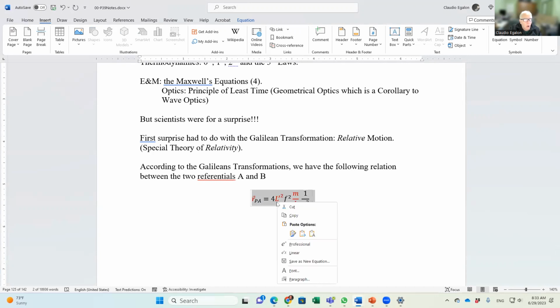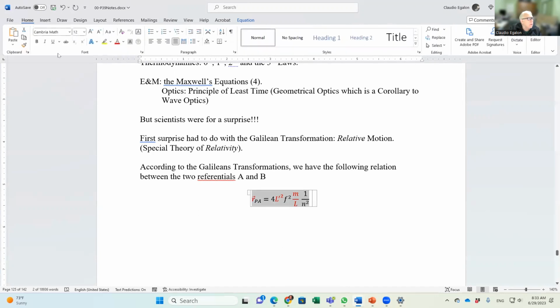And I'm going to change the color as well. Good. The position of point P with respect to referential A is going to be equal to the position of point P with respect to referential B plus position of referential B with respect to referential A. It's a very intuitive notation. Why is it a very intuitive notation?